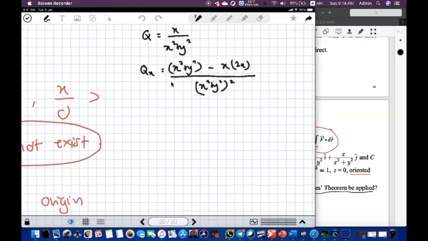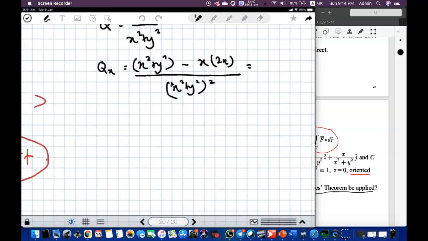And when you simplify, you will get x squared minus 2x squared. So you get minus x squared plus y squared over x squared plus y squared, squared.